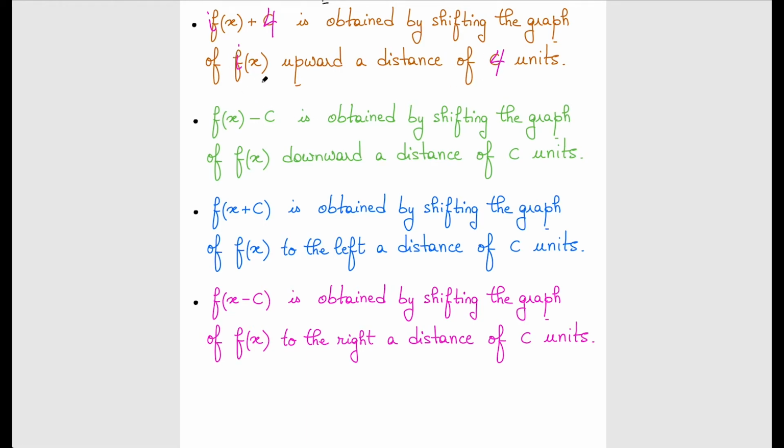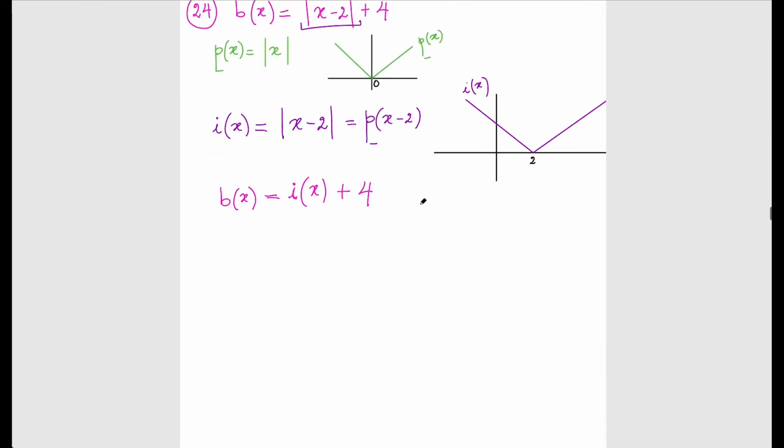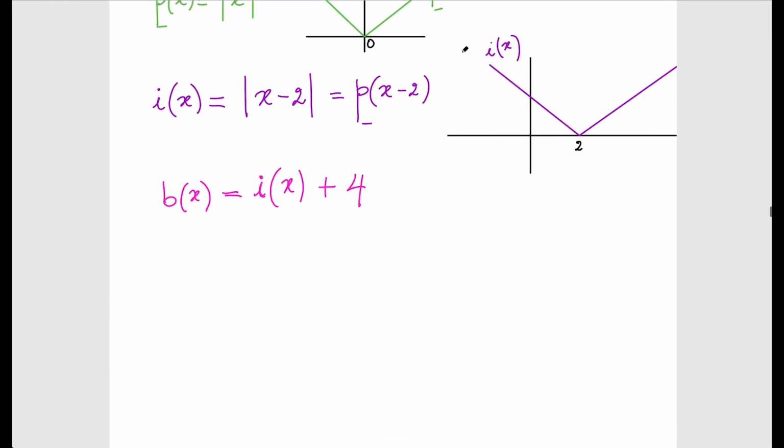Okay, so I'm going to go to the graph of I, shift it upward by 4 units to obtain B of x. So I'm going to take the function I, shift it upward by 4 units to obtain that graph of B. Okay?